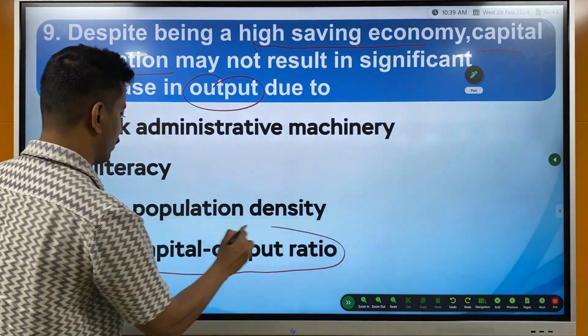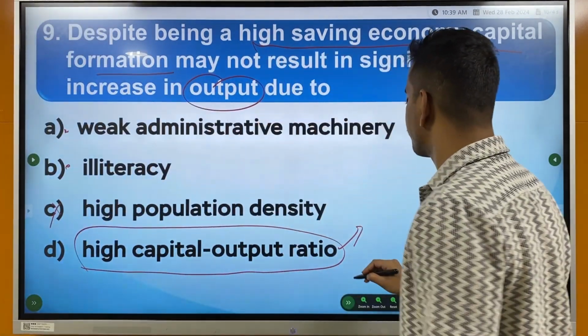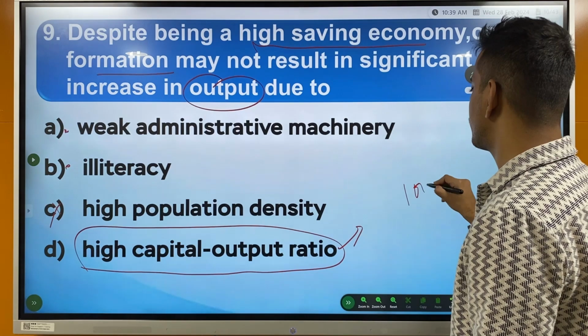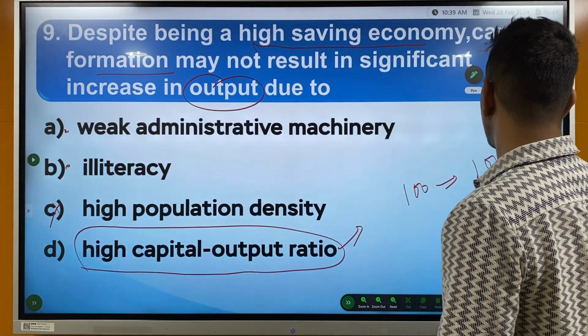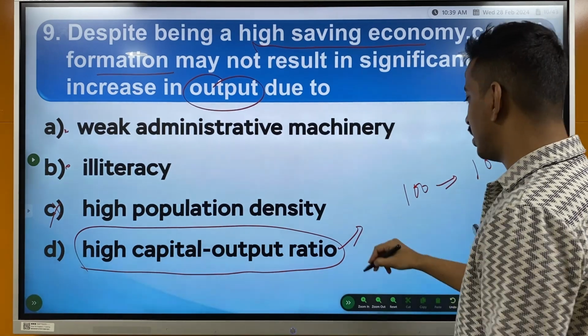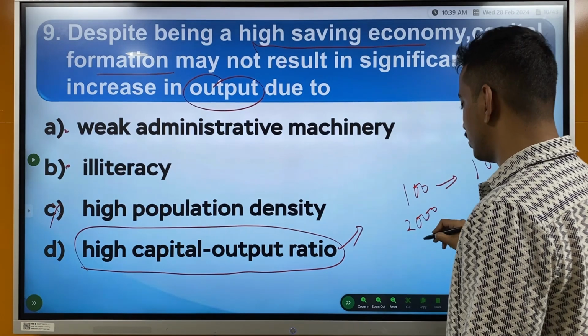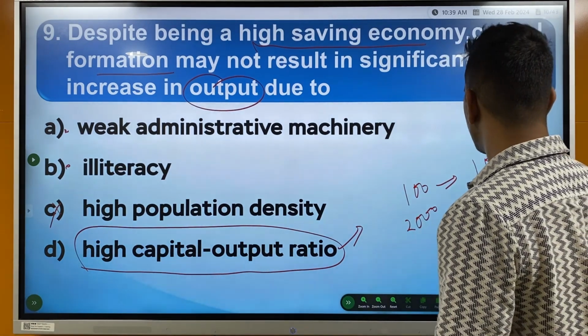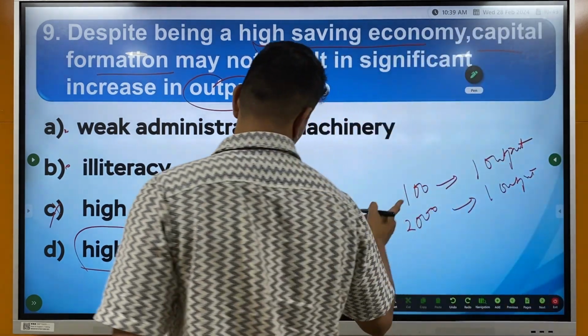High capital output ratio. What does it mean? Think 100 rupees is required to produce one output, but now we require 2000, or consider more than that, to produce this one output. So it is not efficient.